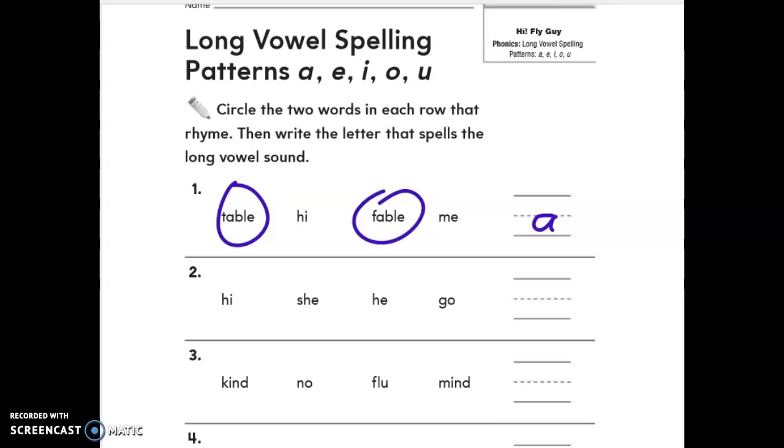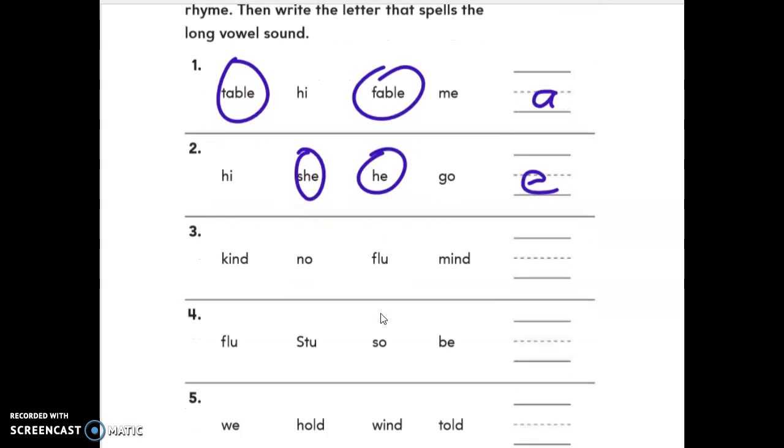Number 2, high, she, he, go. Which two words rhyme? High, she? No. High, he? High, go? Nope. How about she, he? They both have E, the long E sound at the end.